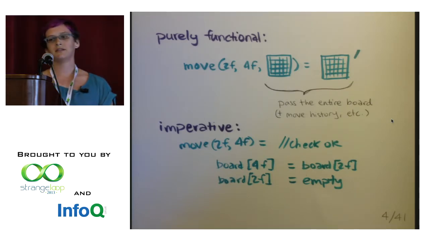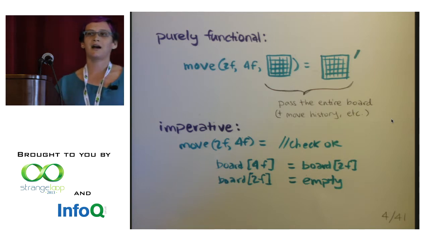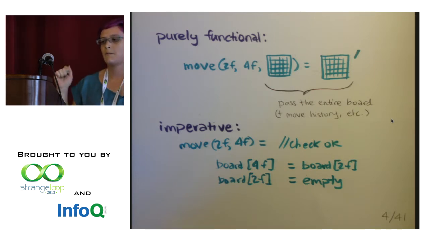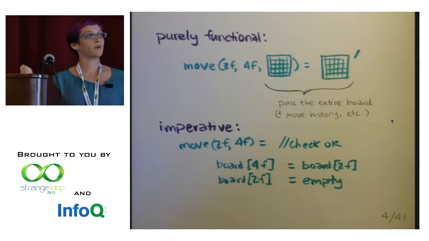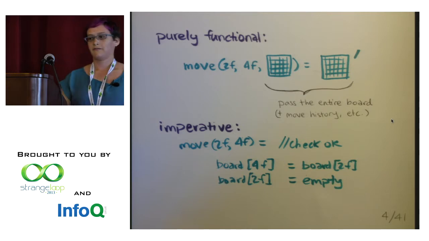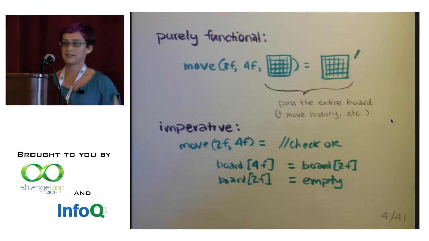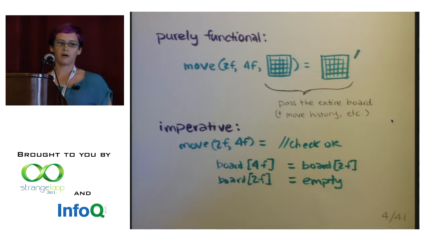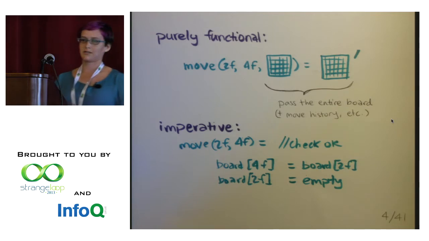Okay, so back to this idea of locally stateful computation. Just a very naive gloss, to give you some idea of what I'm talking about in terms of settings you may be more familiar with: there's a purely functional way of dealing with state like this, which is just to pass the entire state around through your function calls. This is the standard way of doing functional programming with big data structures.